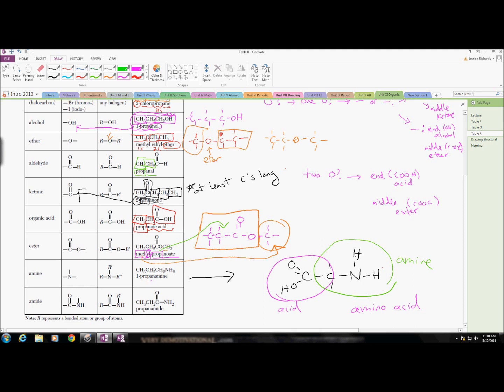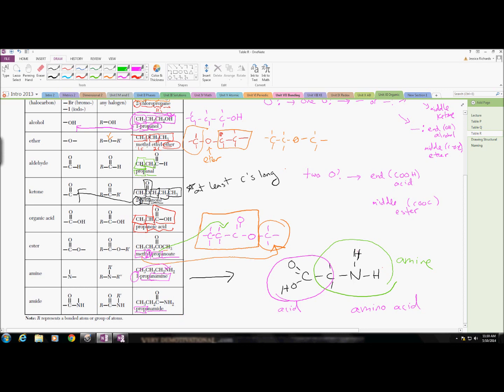They haven't ever asked anybody to name the amines or the amides, but basically for amines, you count your carbons. Amine is your ending. The number is the location of where the nitrogen is. For the amides, you do the same thing. You just count the number of carbons, and anamide is the ending for the amides.